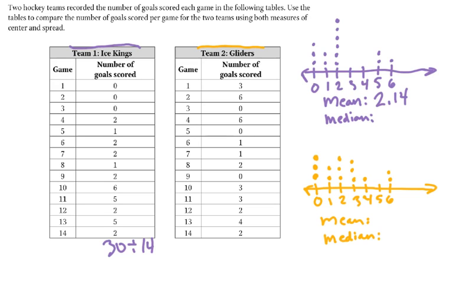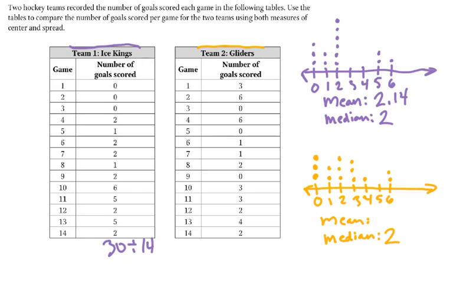Then, when we go with the median, we got 1, 2, 3, 1, 2, 3, 1, 2, 1, 2, so it's definitely going to be 2, isn't it, for the median. Okay, we do the median for the Gliders. 1, 2, 3, 1, 2, 3, 3, 3. So again, same median of 2.